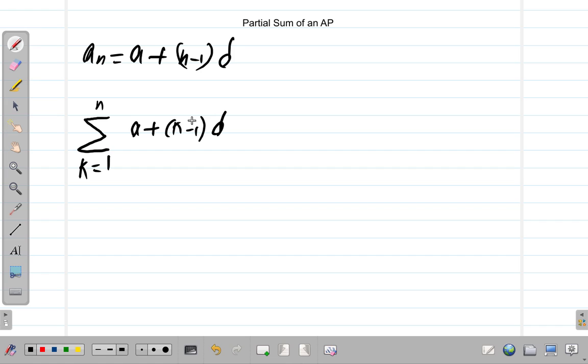All right? So here now, what we have is the first term a plus, then we have the second term, but let's write it like this.